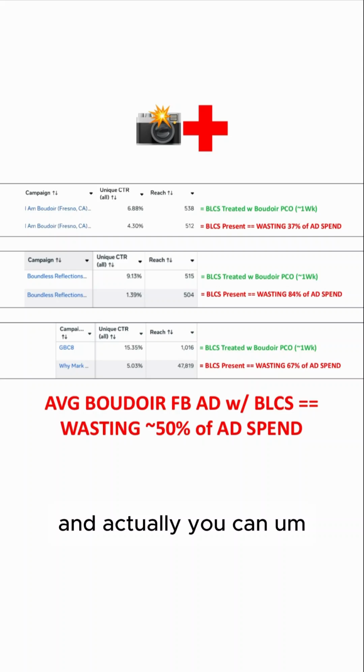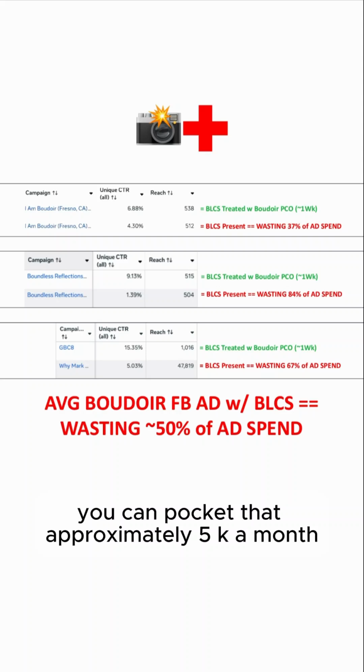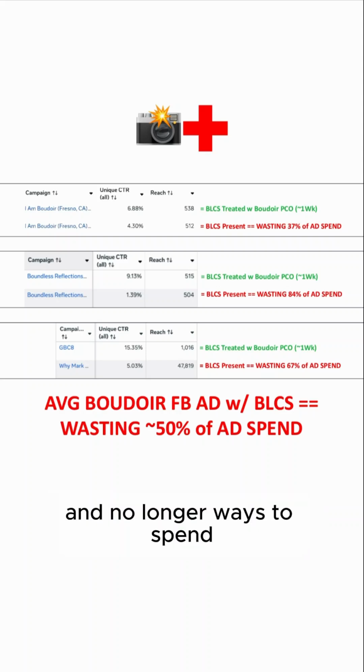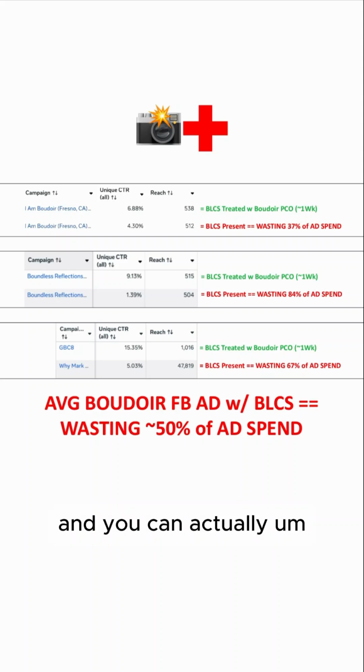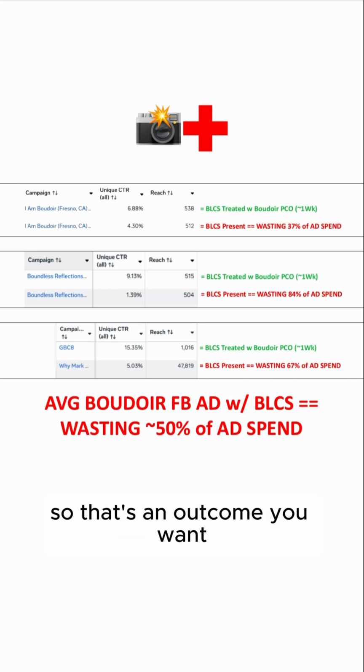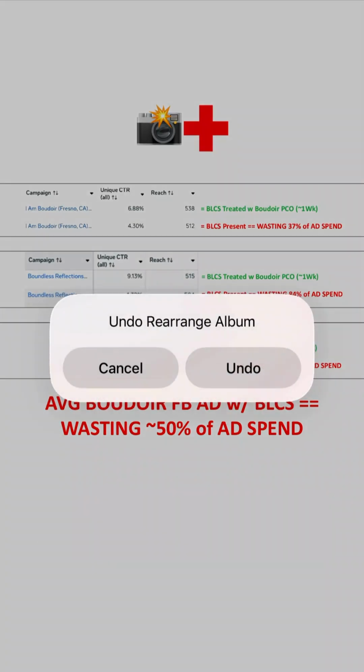And you can pocket that approximately 5K a month, no longer wasted spend. That'd be like 60K over the next 12 months. So that's an outcome you want.